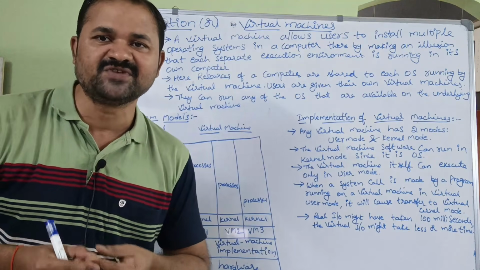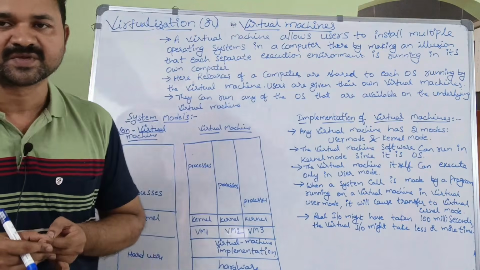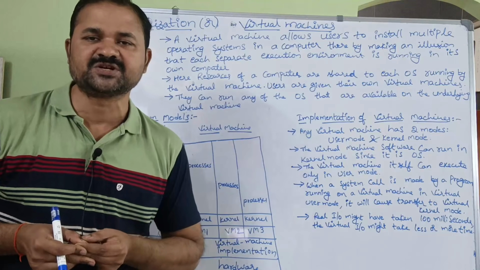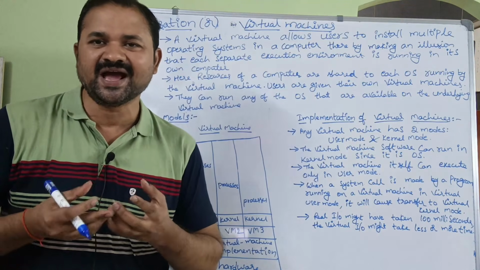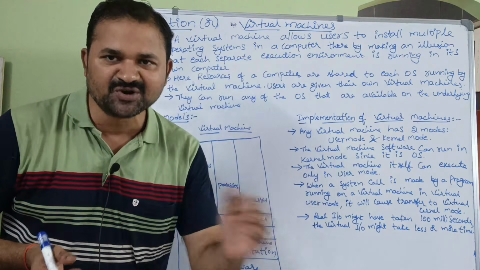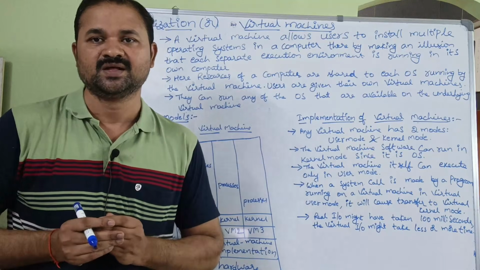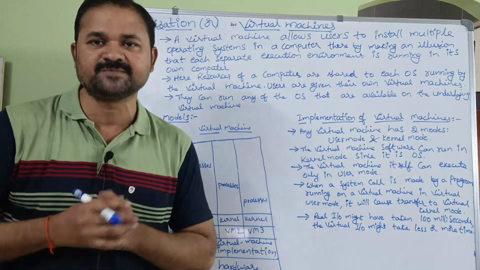First, let's see what a virtual machine is. By using virtual machines, we can execute multiple operating systems in a computer. We have installed 4 operating systems such as Windows, some Linux like Ubuntu and Fedora, and some Macintosh operating system.